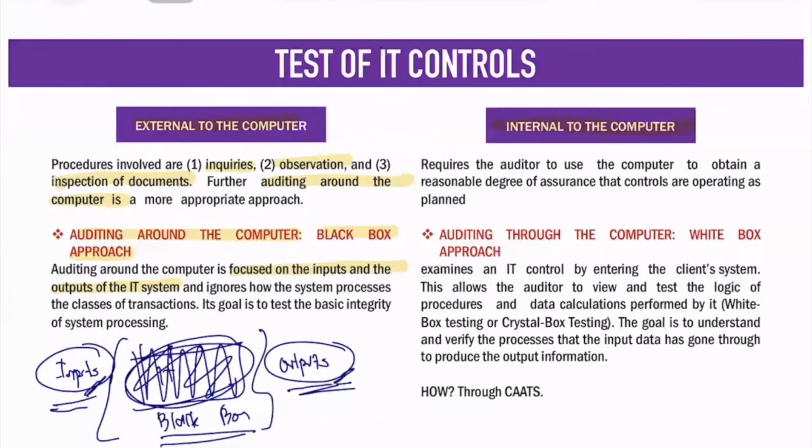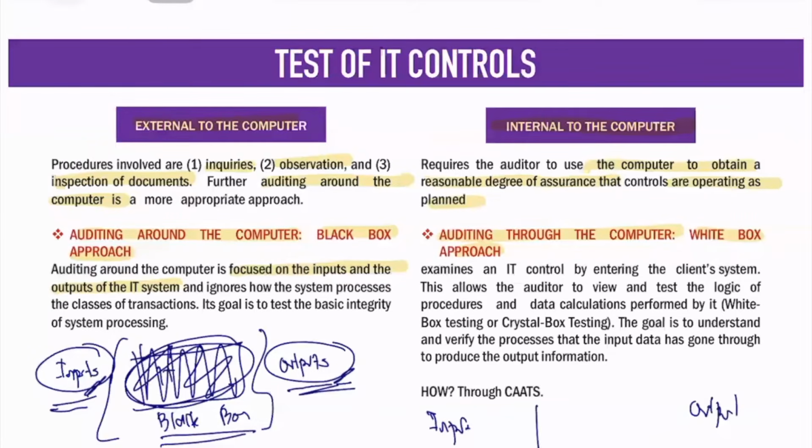Next, we also have your internal to the computer. This requires the auditor to use the computer to obtain a reasonable degree of assurance that controls are operating as planned. Generally, these are your IT application controls. So in your auditing through the computer, we call it a white box approach. Why? We have now your input. We have now your output.